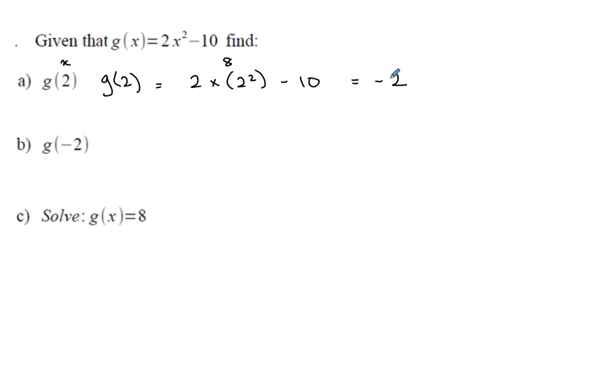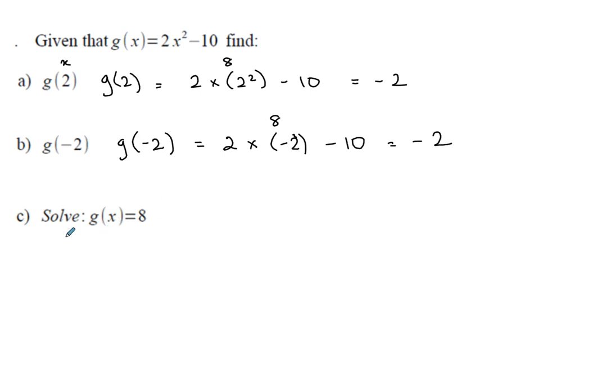Okay, g of minus 2: you've got 2 times minus 2 squared, minus 10. Minus 2 squared still comes to 4, so 4 times 2 is 8, minus 10 equals minus 2. So both of these are the same.